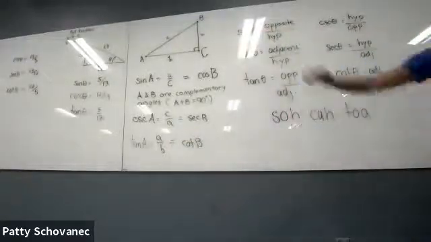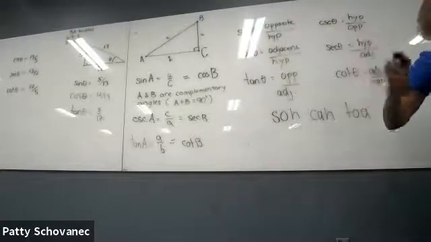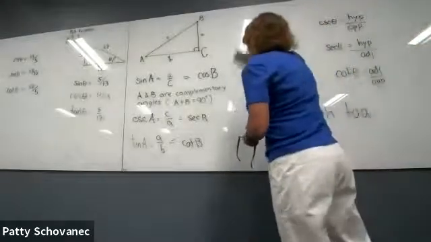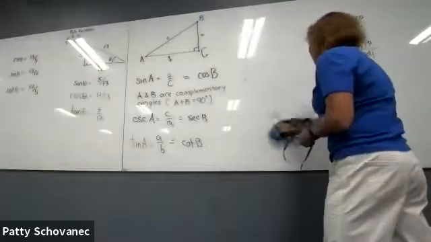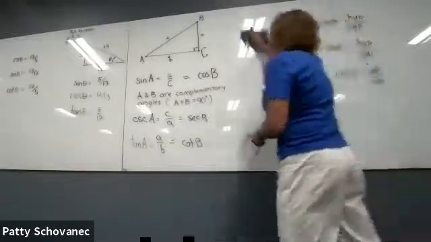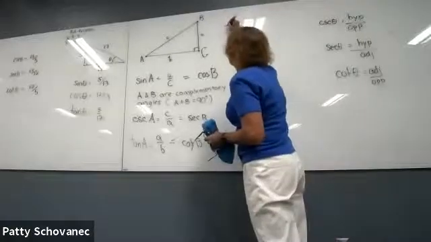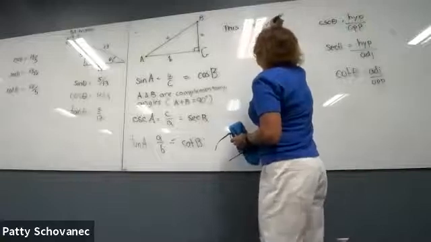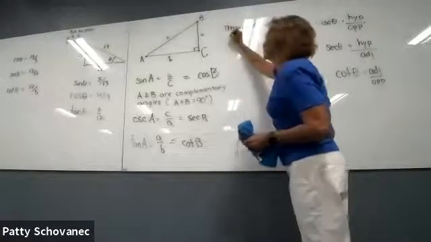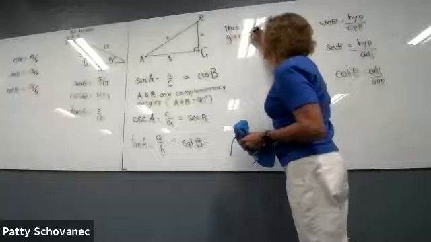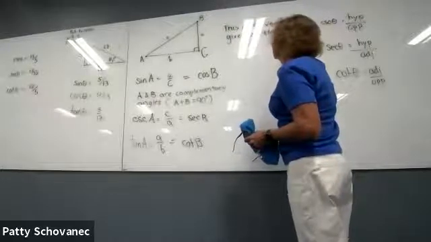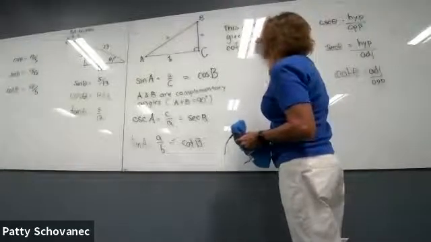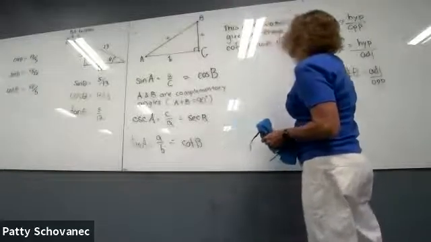So what I'm going to write now is this in general, something called cofunction identities. So this observation gives us these cofunction identities.